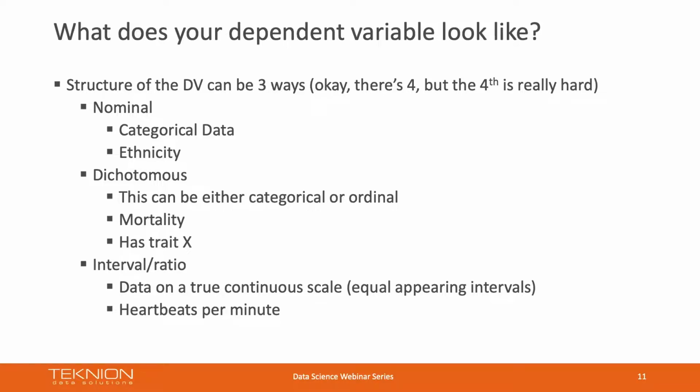So what we've done is we've taken a variable that's on a scale from 1 to 100. It's an equal appearing interval. And we moved it to an ordinal scale. Why is that important? Because now it's not equal appearing intervals anymore. We give them a 4.0 or a 3.0 or a 2.0. But in most schools, the difference between a 1.0 and a 0.0, meaning a D or an F, is not the same, because an F on that scale is 0 to 59, and a D is 60 to 69.